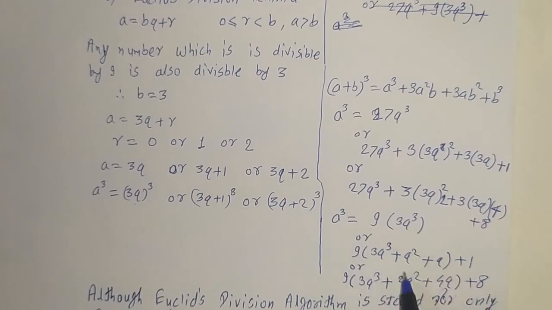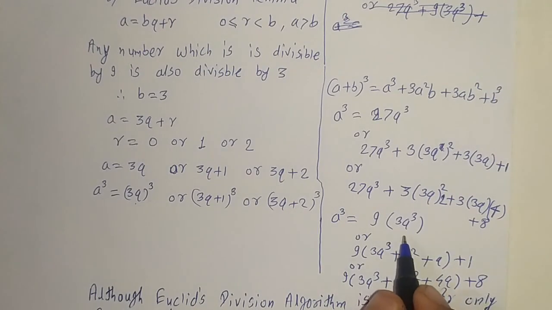So these are the three equations you will be getting. If you replace these brackets with a constant, then you will get the required answer.